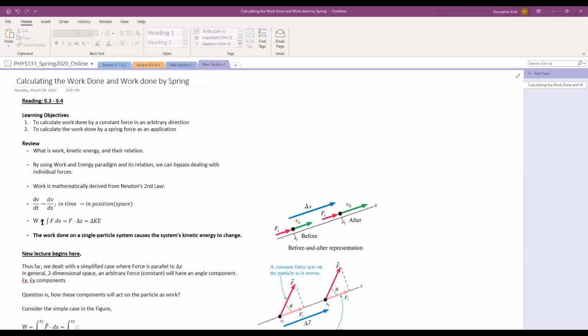And hence we got to this relationship where the work is defined as the integral of a force with respect to a position, and that leads to the other side, the change in kinetic energy. So we learn that the work done on a single particle system causes the system's kinetic energy to change. In other words, work is what transfers energy in a system by an external force applied to it. All right, so let's continue with our lecture today.